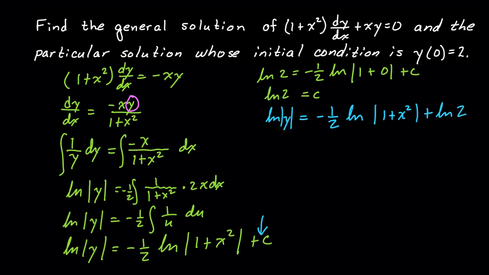All right, so the next step, this problem is a little bit different than the others in that we have natural log of y. How do we get rid of natural log? Well, we do the inverse, which is going to be e, and therefore we do what is called exponentiating both sides of our equation.